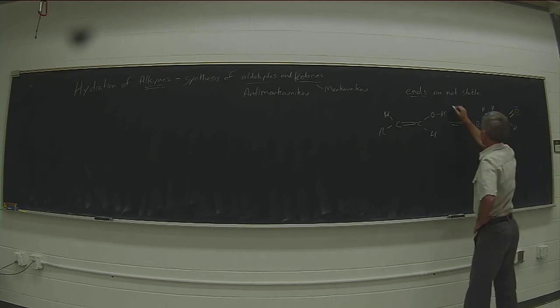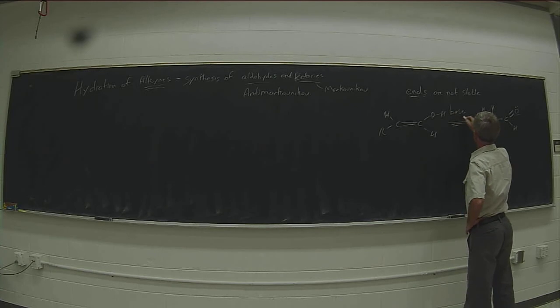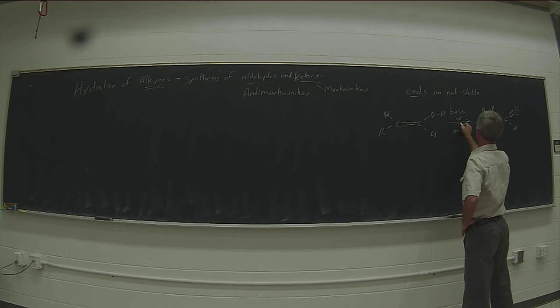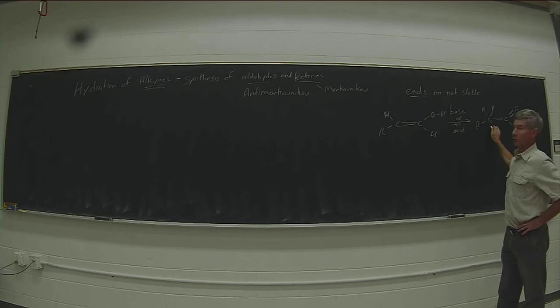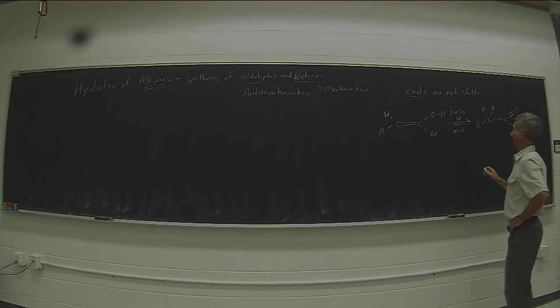This equilibrium happens in either acid or base, and because the carbon-oxygen double bond is significantly more stable, it always lies towards the carbonyl compound.